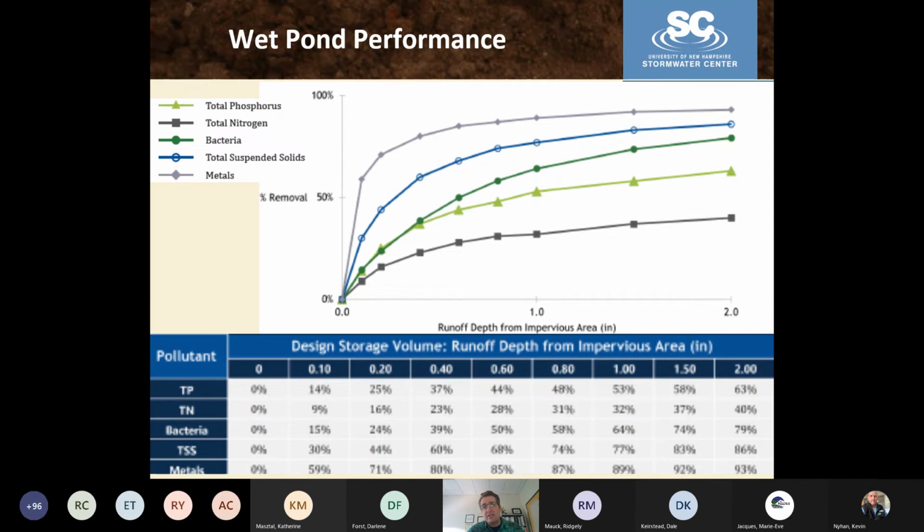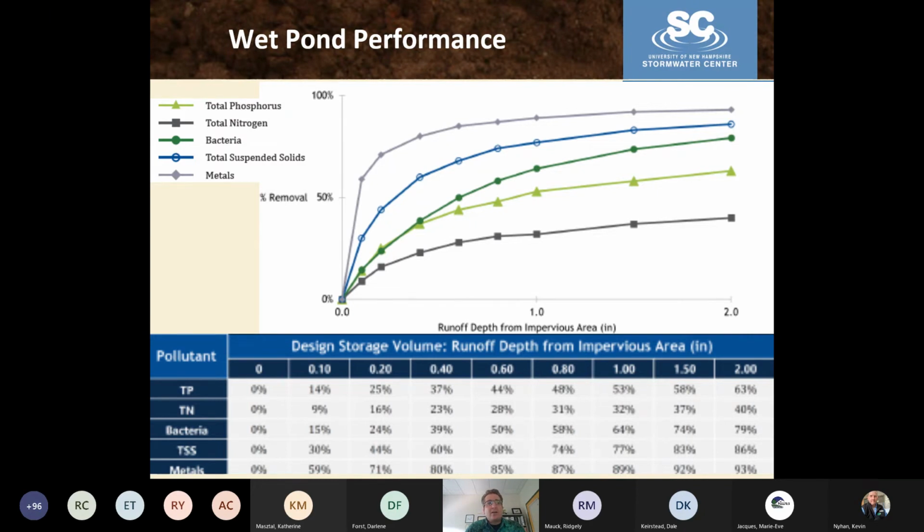That rainfall record is ever increasing; I think we're up to 29 years now. That 29-year rainfall record is simulated in SWMM, which is a pretty robust hydraulic model, and the water quality performance is calibrated a lot by some of our historical data.